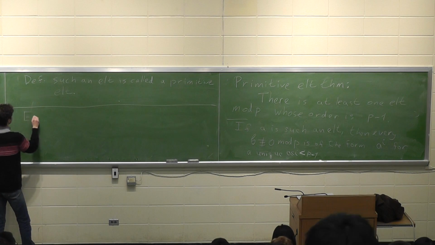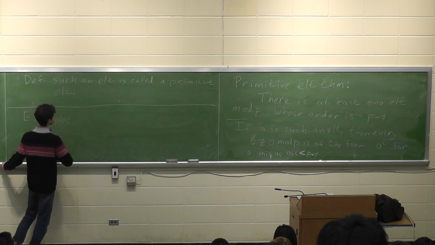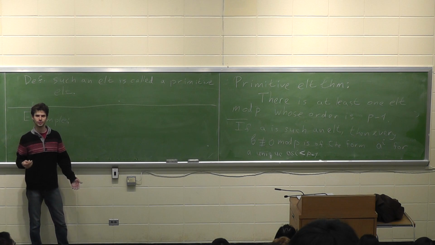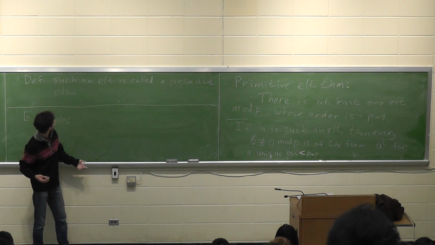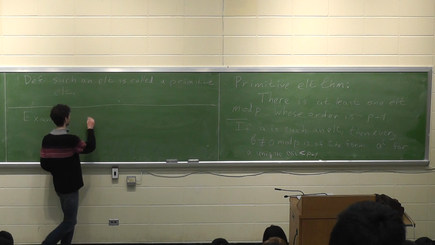Let's try an example. Let's find all primitive roots, all primitive elements modulo, say, 13.